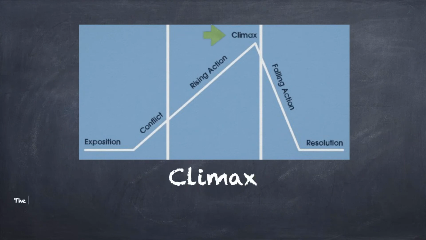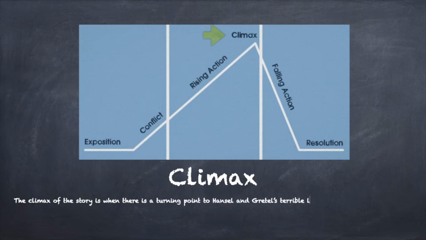The climax of the story is when there's a turning point and Hansel and Gretel's terrible luck changes. See, the evil witch wants to eat Hansel, and she's been fattening him up for a few weeks. And one morning she just decides, you know what? I'm hankering for some Hansel, and she tells Gretel to go light the oven. But Gretel's not dumb.